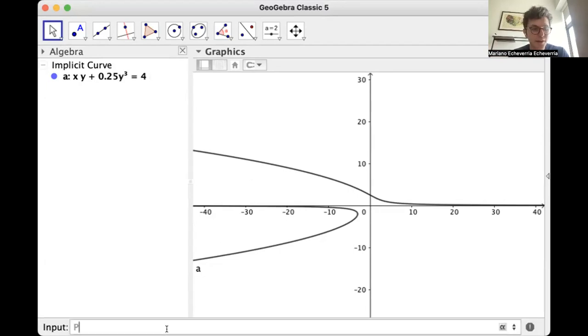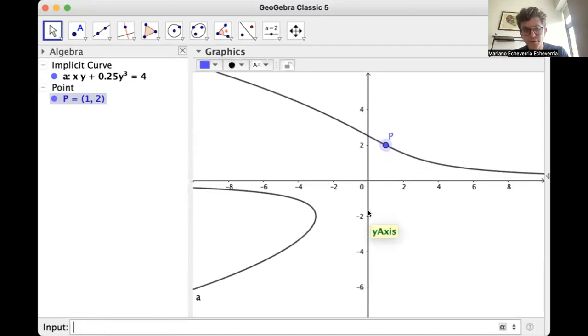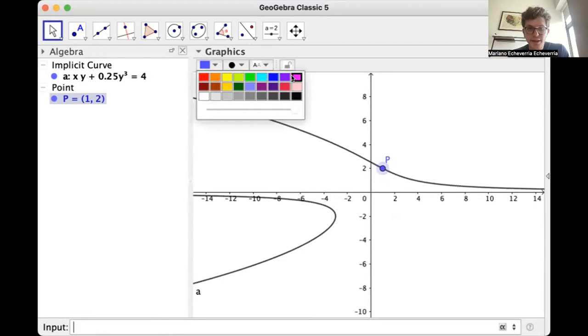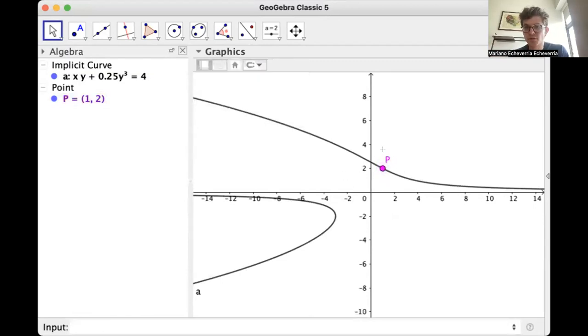So for example, if you take P to be 1, comma 2, it makes sense that there should be a tangent line to this curve passing through this point. So what we're going to do now is find this tangent line using this method.